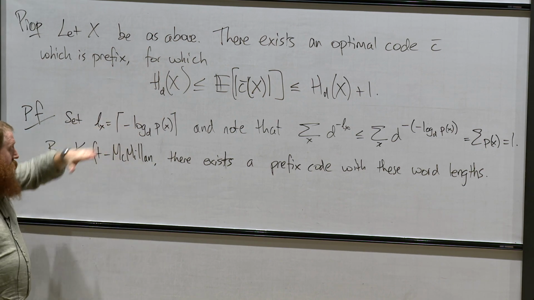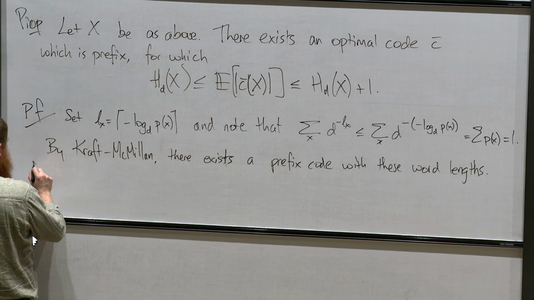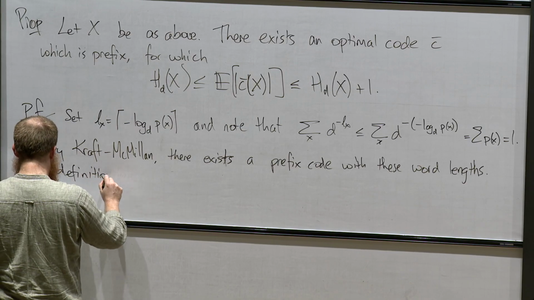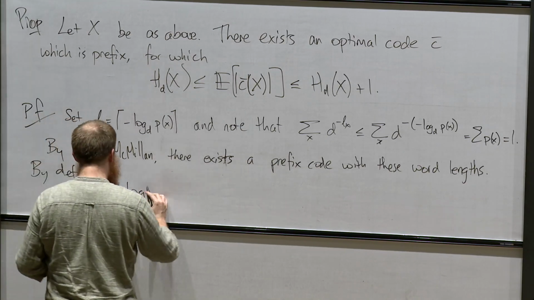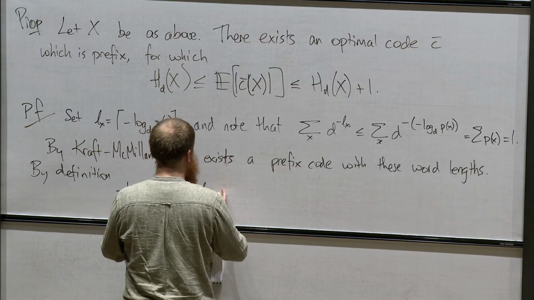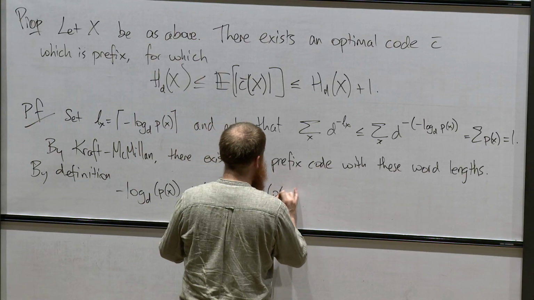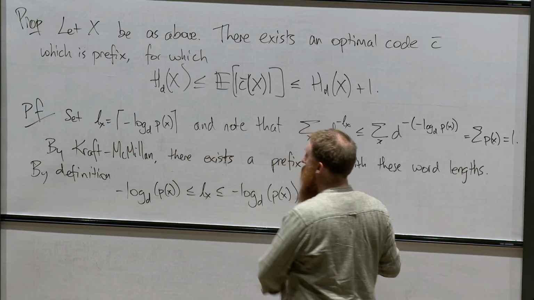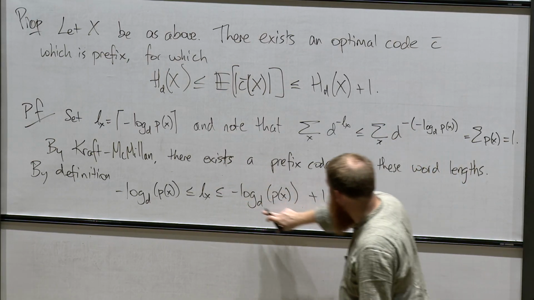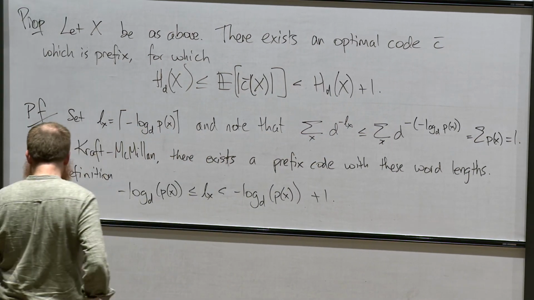Okay, and it's even prefix. By definition, minus log to the base d of p of x is less than or equal to Lx is less than or equal to minus log to the base d of p of x plus 1, because rounding up, you never add more than 1. In fact, I can put a strictly less than here, if I was being careful.